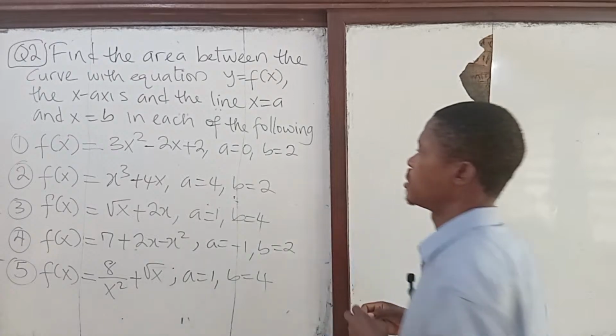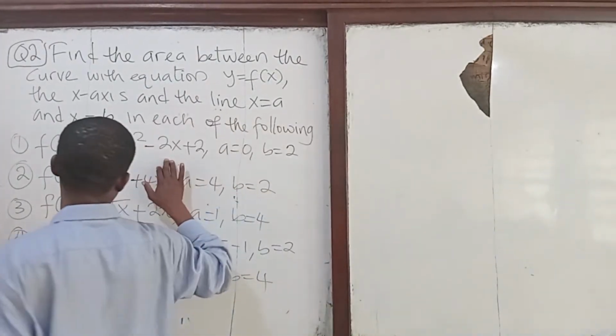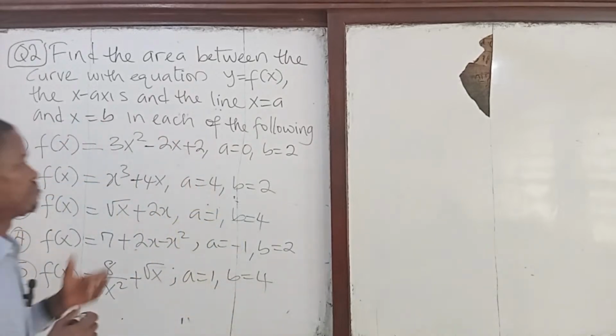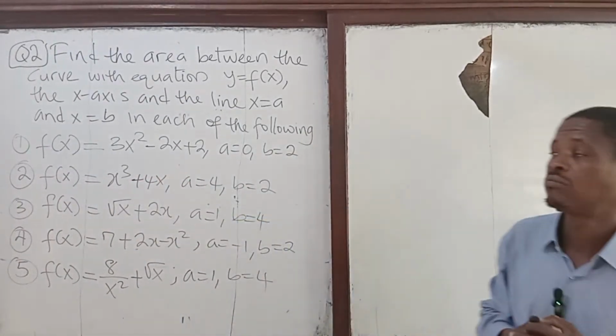The first one, f of x equals 3x squared minus 2x plus 2. Okay, this is a definite integral.